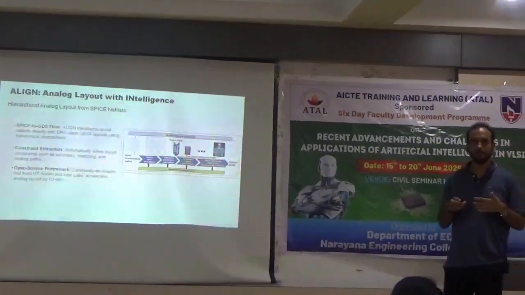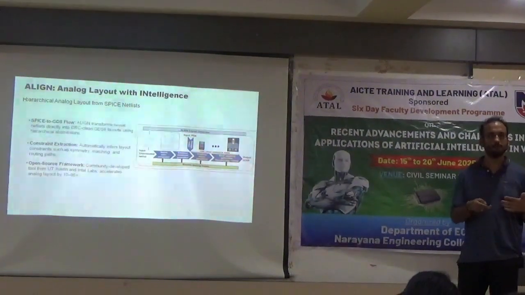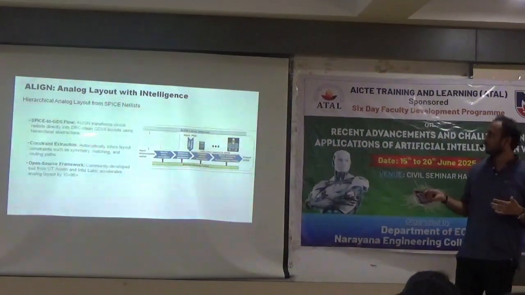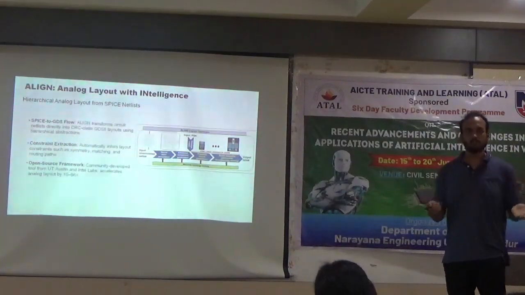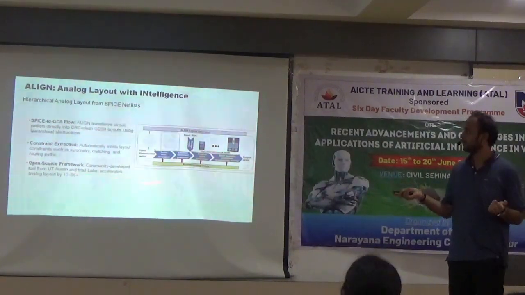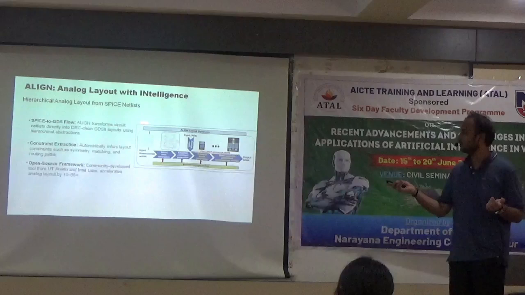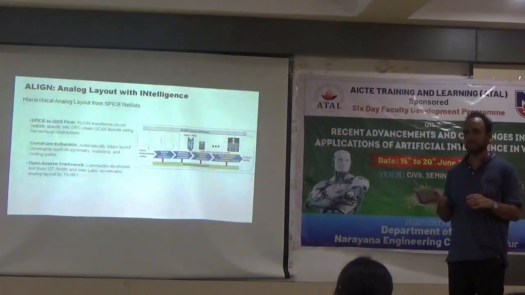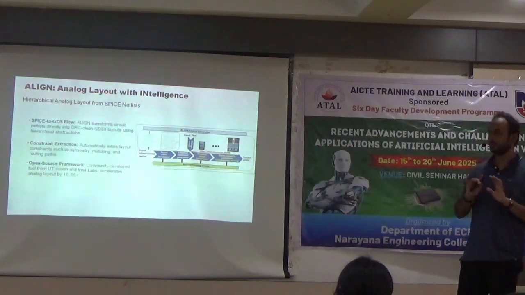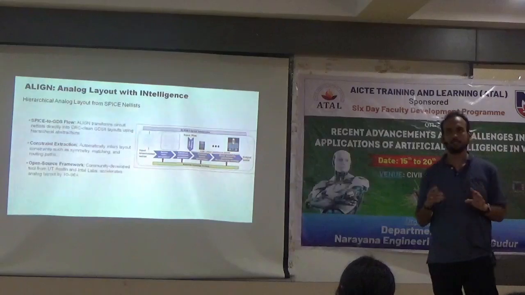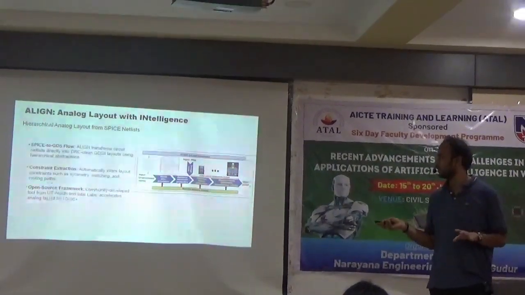One is at the schematic level, and another is at the layout level. There are different layout possibilities, and somehow they figured out that there is a gap. So they feed in the SPICE netlist, and the algorithm works in such a way that it directly gives you the GDS2 file.